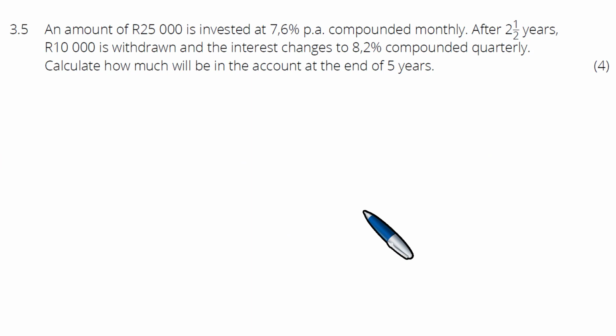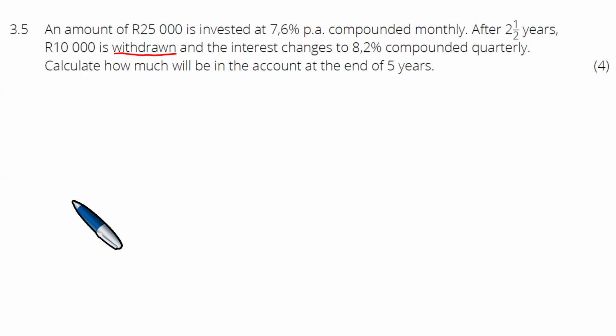This one involves withdrawals. Sometimes during the investment, people withdraw some money from the bank, because certain things happen, the car breaks down, and now they need some money. Obviously this affects the growth of the money, because if you take some money out, the amount in the bank goes down. So 25,000 Rand is invested at 7.6% per annum compounded monthly.